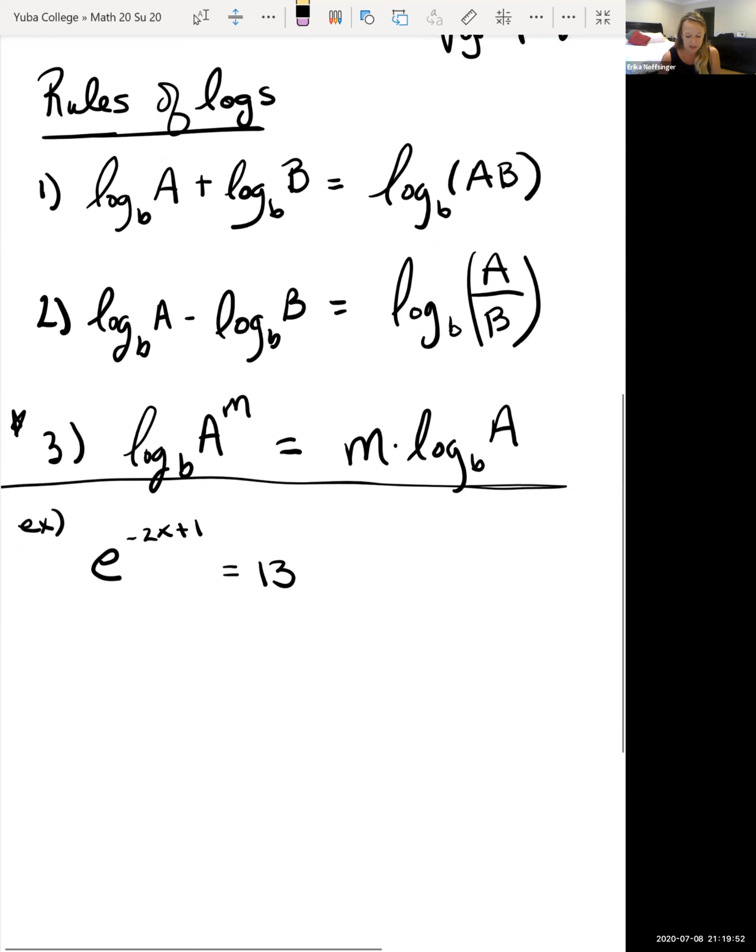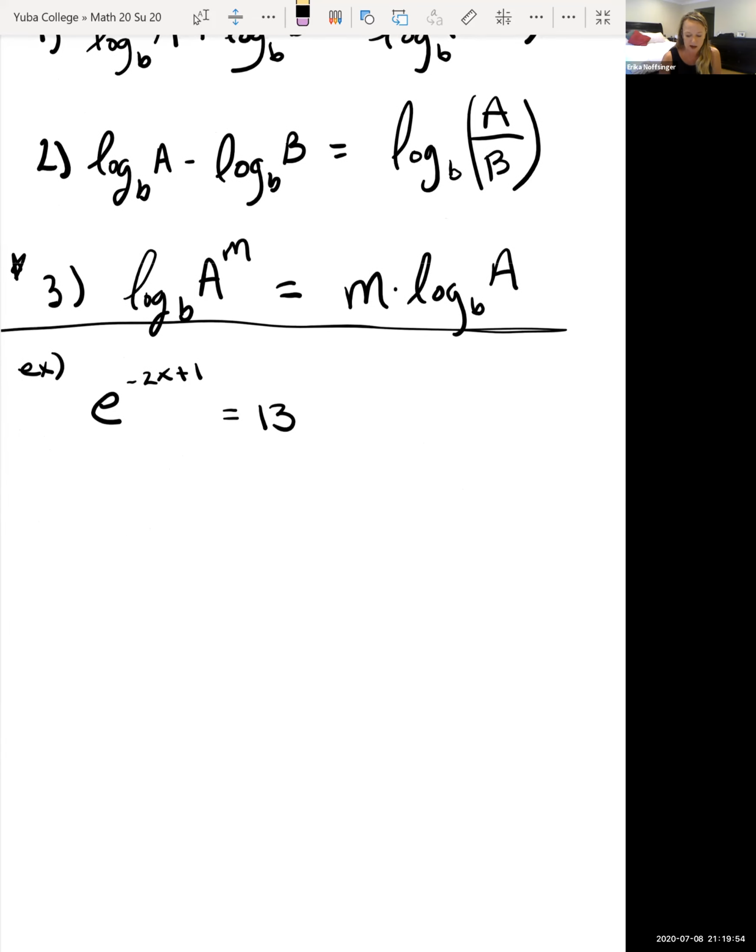Let's use this property of logs so that we can bring down our base. Because my base here is e, I'm going to use natural log. So let's take the ln of both sides of the equation. We can do this because it's an equation, so what we do to one side, we can do to the other. We're basically taking a composition of this one side and a composition of the other side.